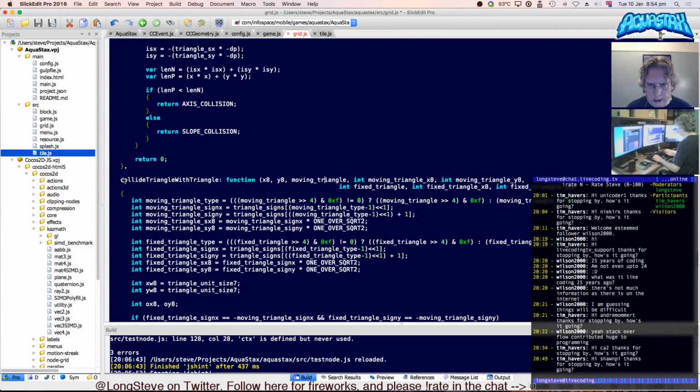Moving triangle. X and Y. Then we've got fixed triangle. Fixed triangle X. Fixed triangle Y. So hopefully I can just replace most of these with var. Ditch the 8s.